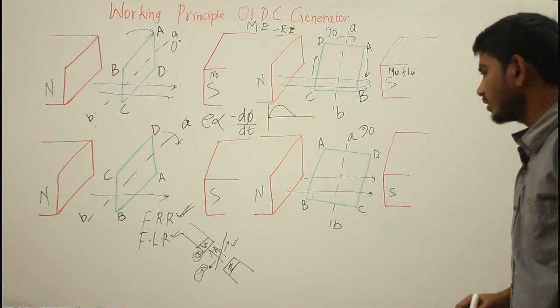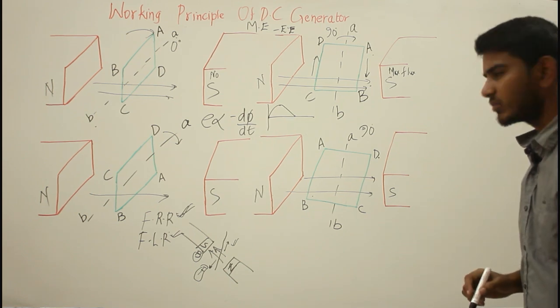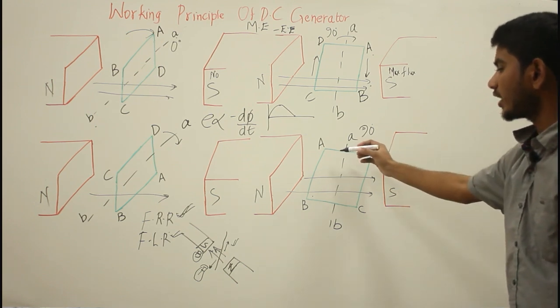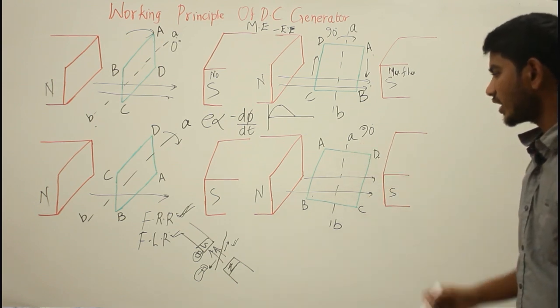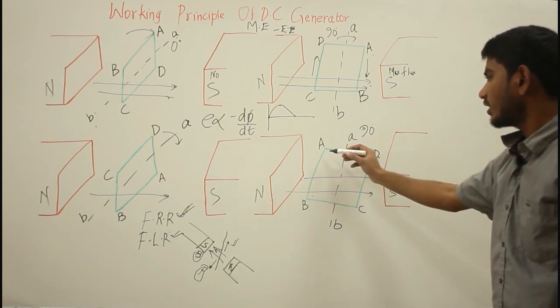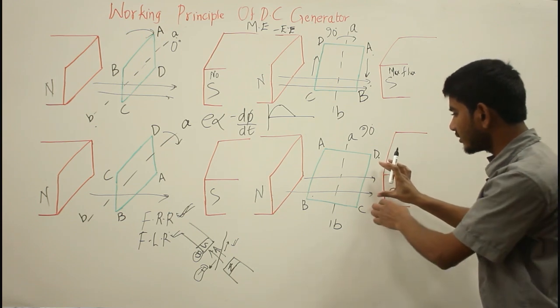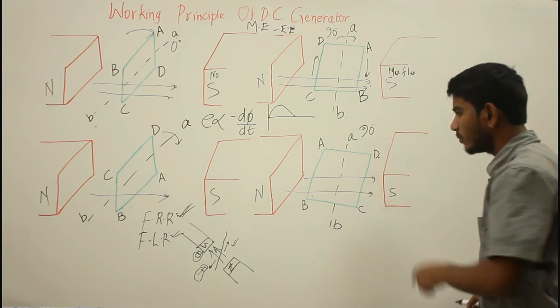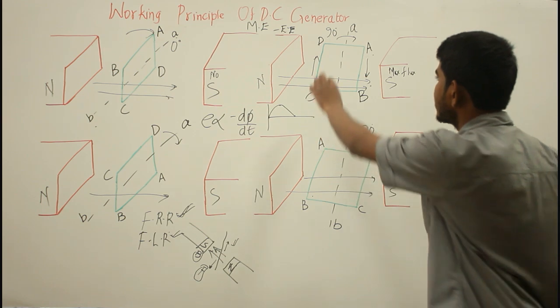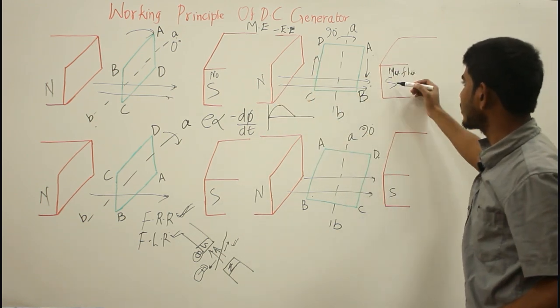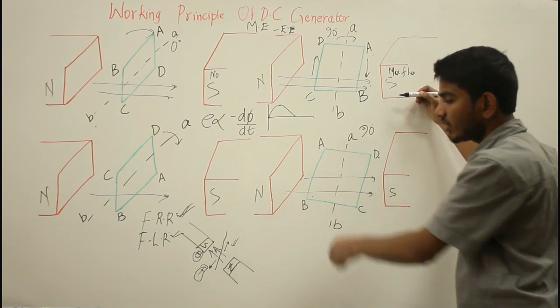That means the rate of flux cutting is maximum, which means more induced EMF, and since the conductors form a closed circuit, you have induced current in your rectangular loop ABCD. Here you can see the loop side CD is in front of the south pole, and here the loop side CD is in front of the north pole, whereas AB is in front of the south pole, and here AB is in front of the north pole.